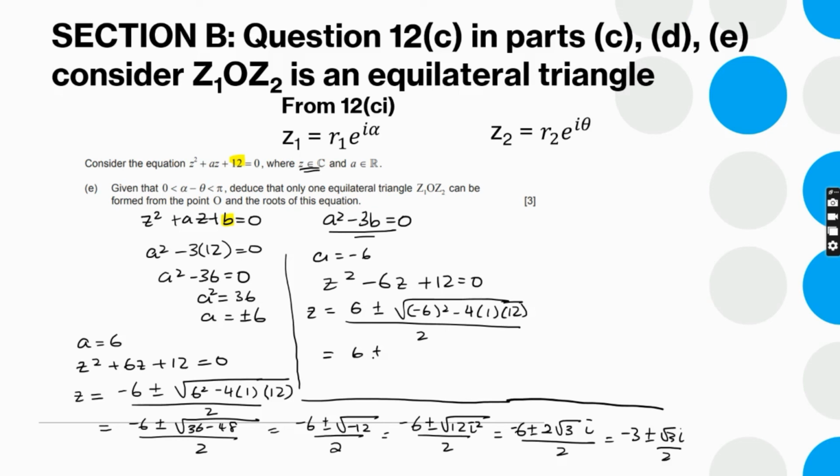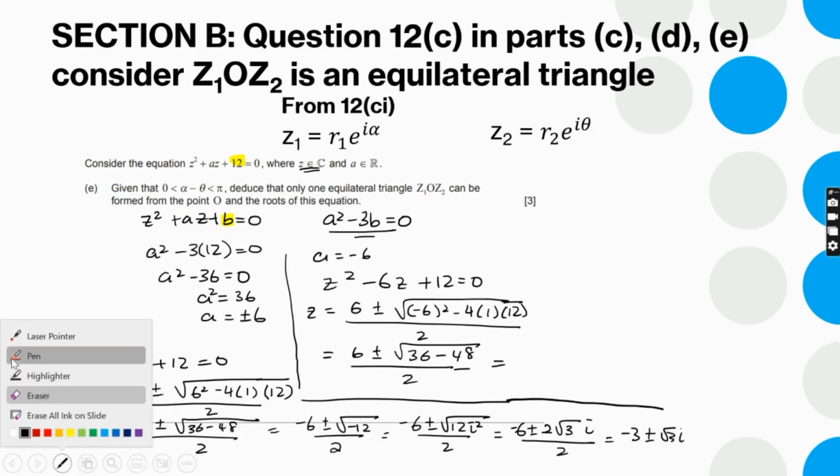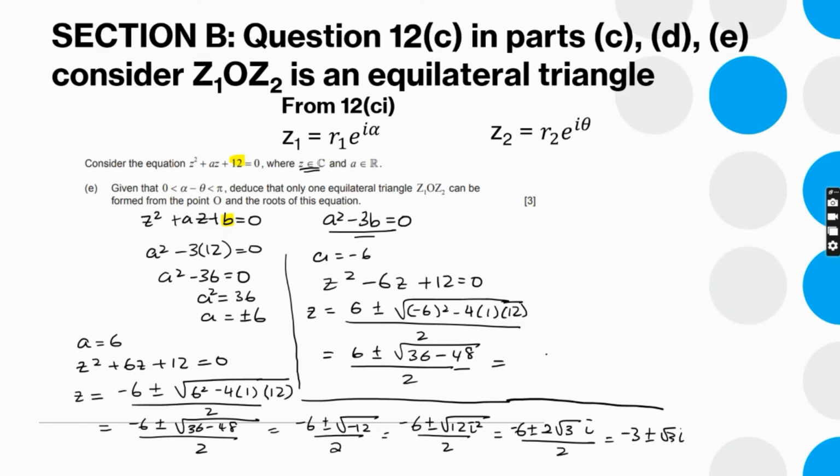So it's 6 plus or minus the square root of minus 12 over 2. It's almost the same as the earlier part, except that instead of minus 3, it's now plus 3, plus or minus root 3 i. So you have 2 pairs of roots here.